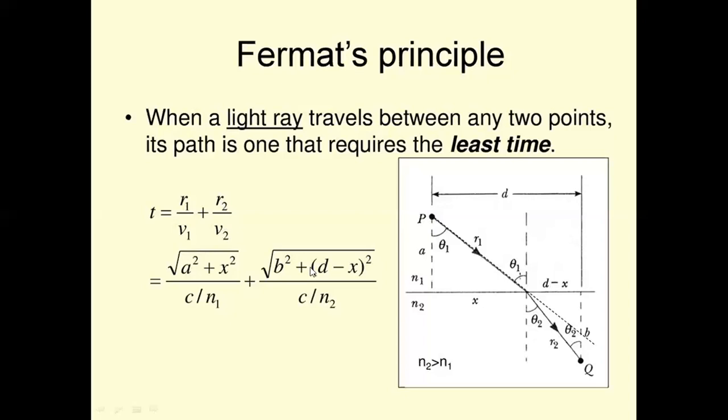And to find the distances r1 and r2, we apply the Pythagoras theorem, and we write that r1 is equal to root over a square plus x square, and r2 is equal to root over b square plus d minus x whole square. And we know that velocity v1 is equal to c by n1, and v2 is equal to c by n2.